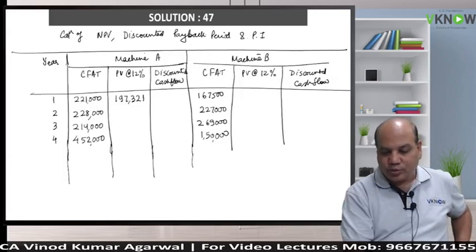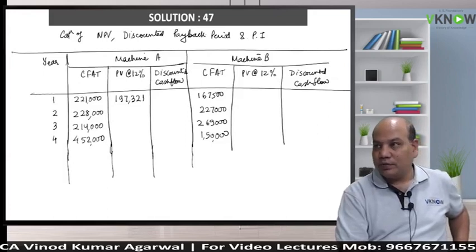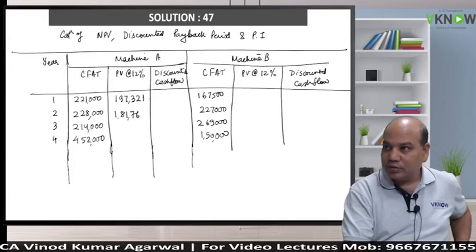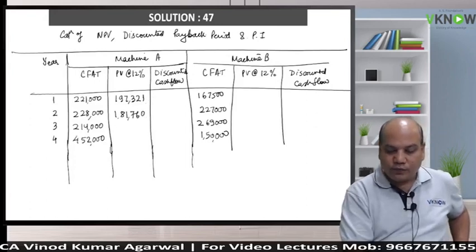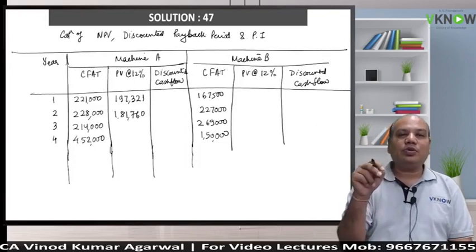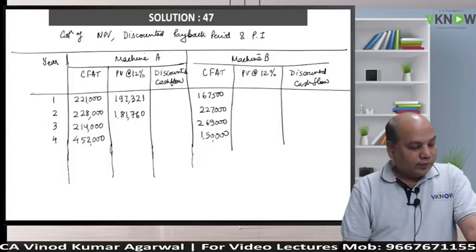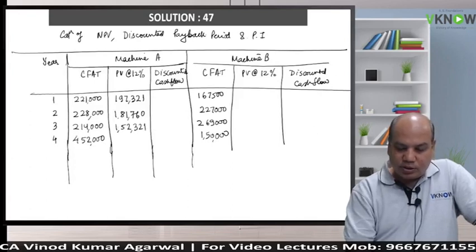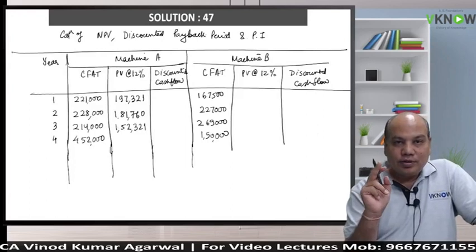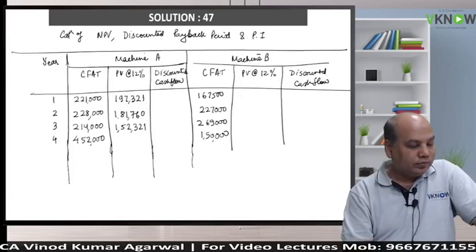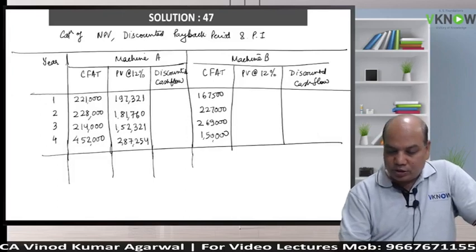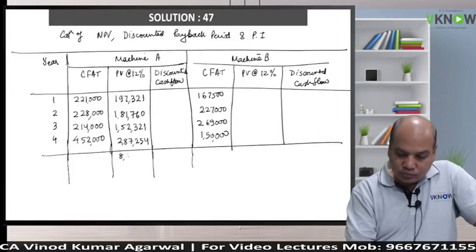Now 2,28,000 divided by 1.12 two times, equal to 181,68,60, memory plus. 2,14,000 divided by 1.12 three times, equal to 152,321, memory plus. 4,52,000 divided by 1.12 four times, equal to 287,254, memory plus, memory recall: 8,18,657.